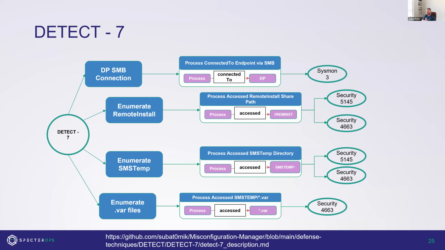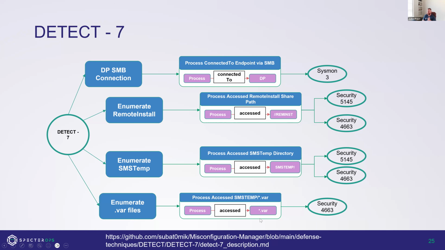If you turn on the detailed file share auditing on the distribution point, you're also going to get a generated event ID 5145. That's the detailed file share. And that log is really helpful because it not only tells you that someone accessed the SMSTemp or remote install share path, it'll actually tell you which particular .var file they accessed as well.